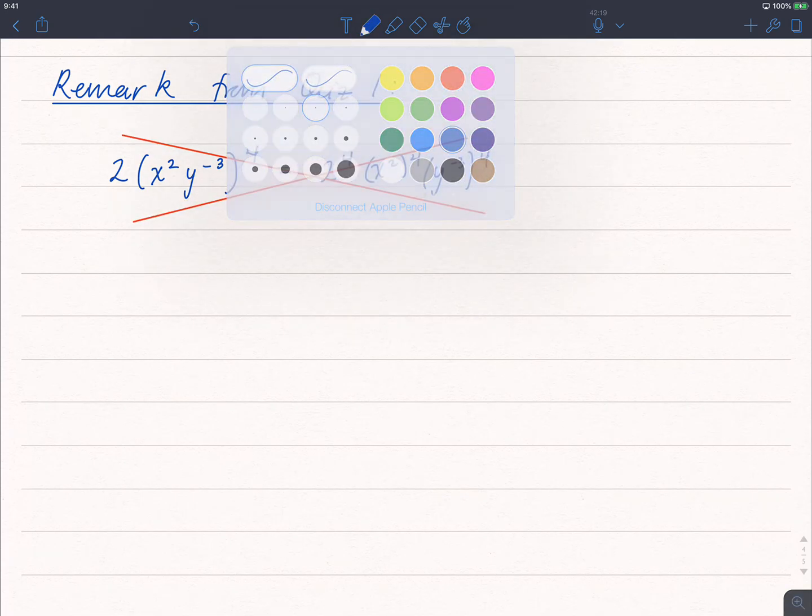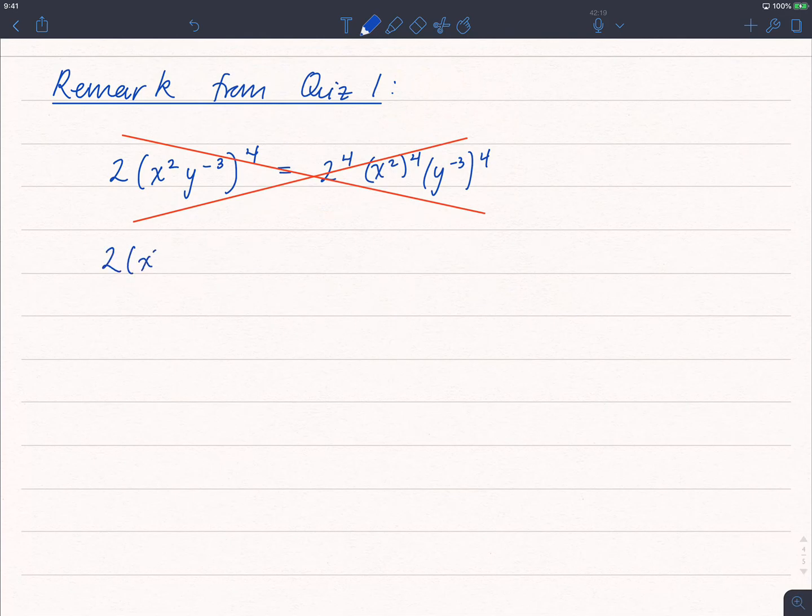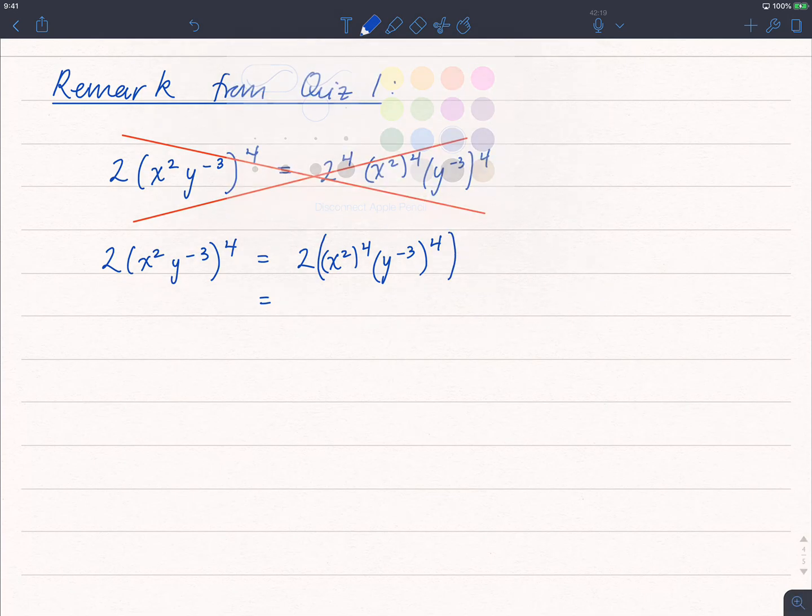Okay, and on the same problem, if you didn't make that mistake, the other mistake was after we distributed the exponent correctly to x squared and y to the negative 3, it was at this point that I saw a lot of you distribute then the 2 to each of the factors inside.